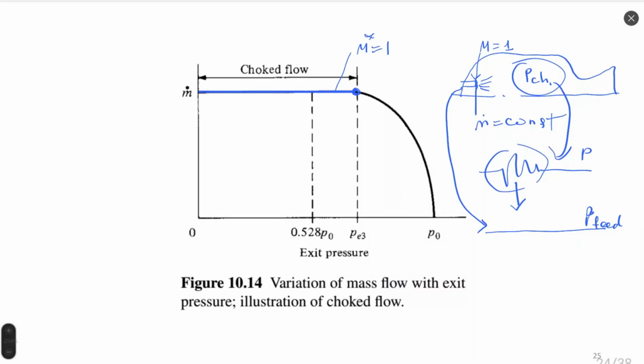For example, we can neglect the change of ambient pressure when a rocket is flying higher, right? Chamber pressure stays constant independently of whether we test on the ground or are already flying at higher altitude in space.